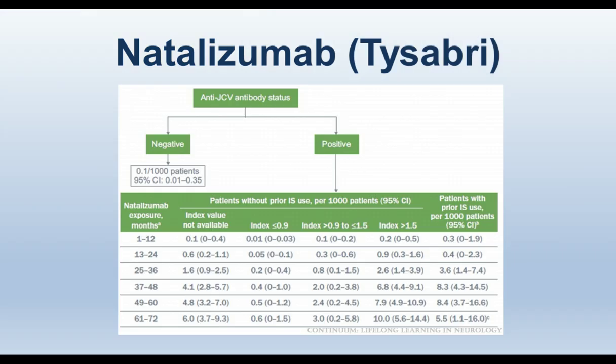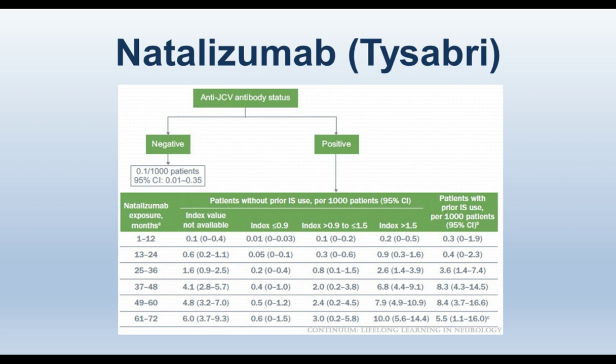I'm going to move on to the next slide because I think it helps demonstrate the risk in a more detailed way. If you recall back at the beginning of the presentation, we talked about how we're tested for the JC virus through that blood test. When you get an index value telling you that you are at this number, it can actually help you quantify your risk a little bit further in terms of development of PML on Tysabri.